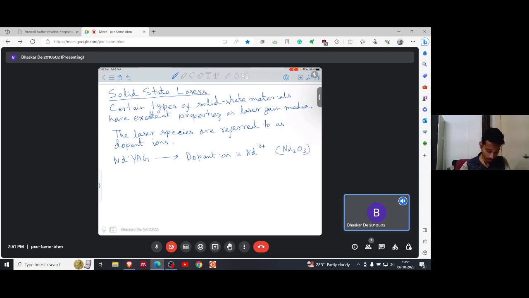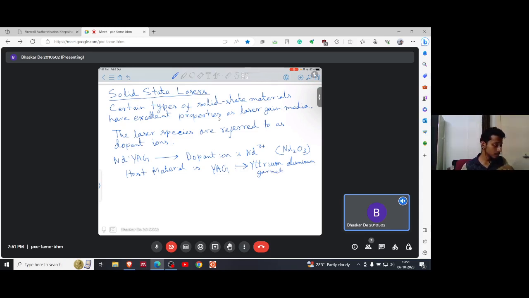The host material is YAG, whose full form is yttrium aluminum garnet.